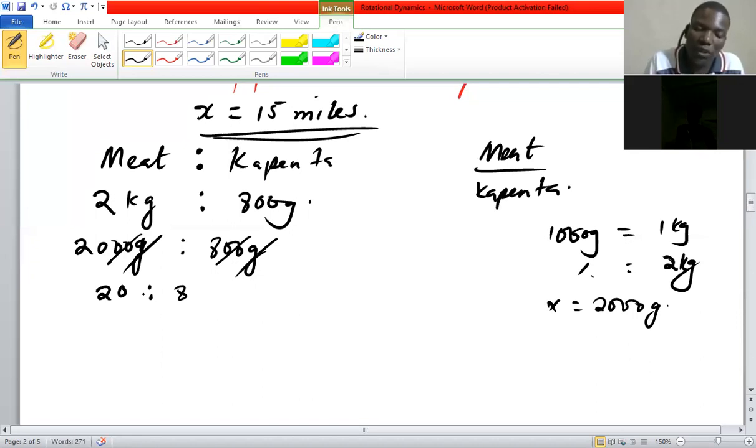We can still reduce this by introducing 4. 4 into 8 is 2, and 4 into 20 is 5.